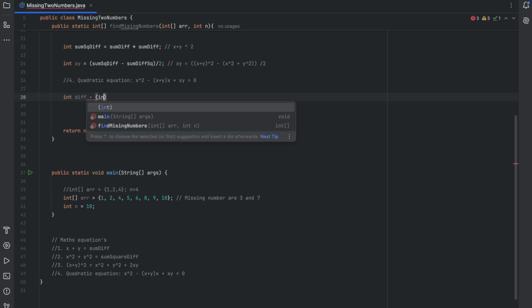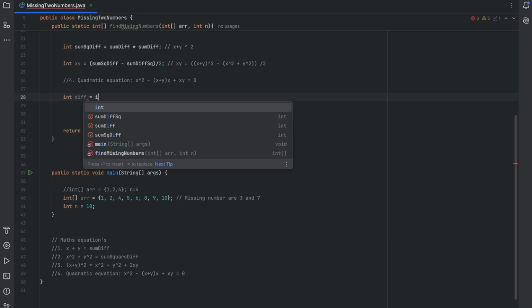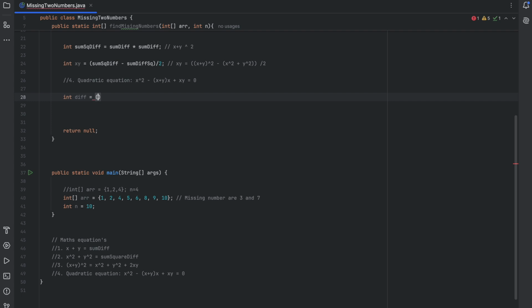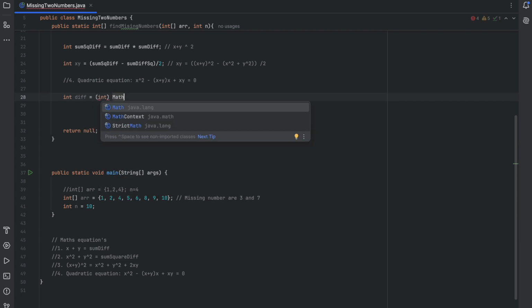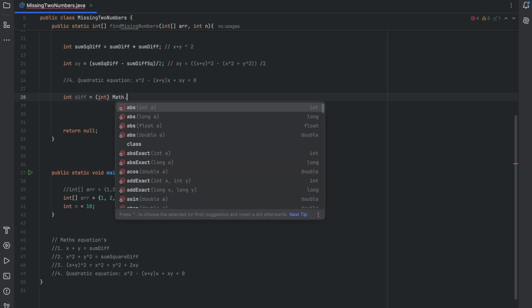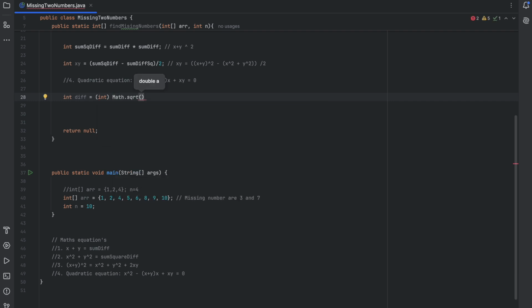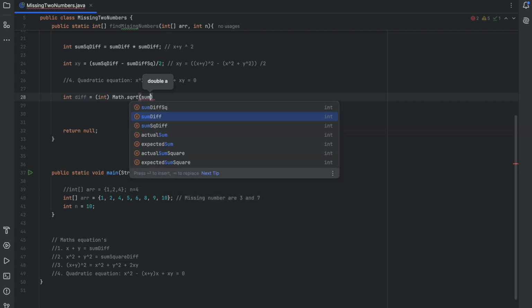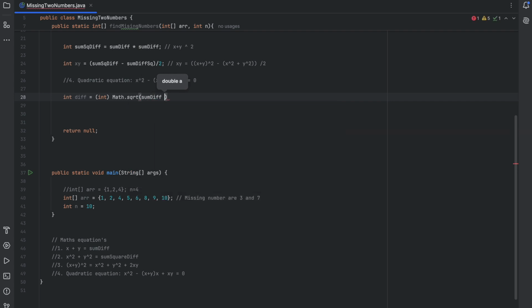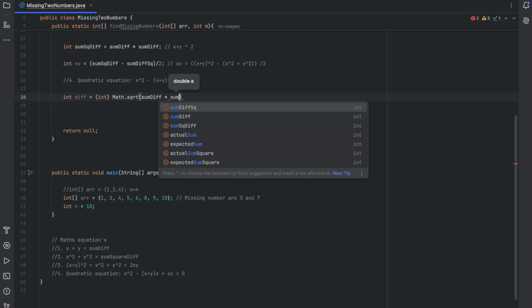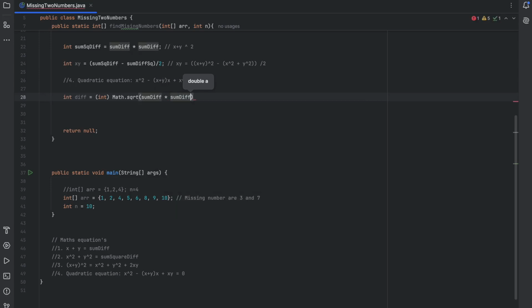we need to pass it. Because Math.sqrt of sum difference multiplied by sum difference minus 4 multiplied by x1.